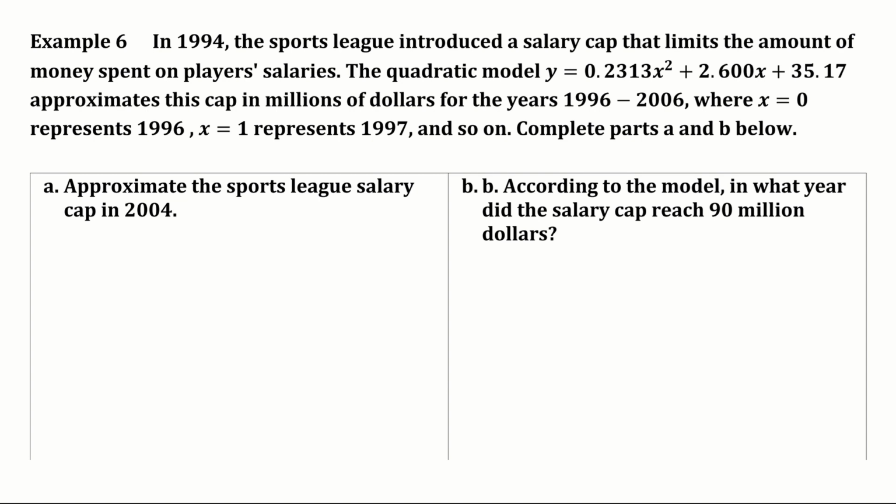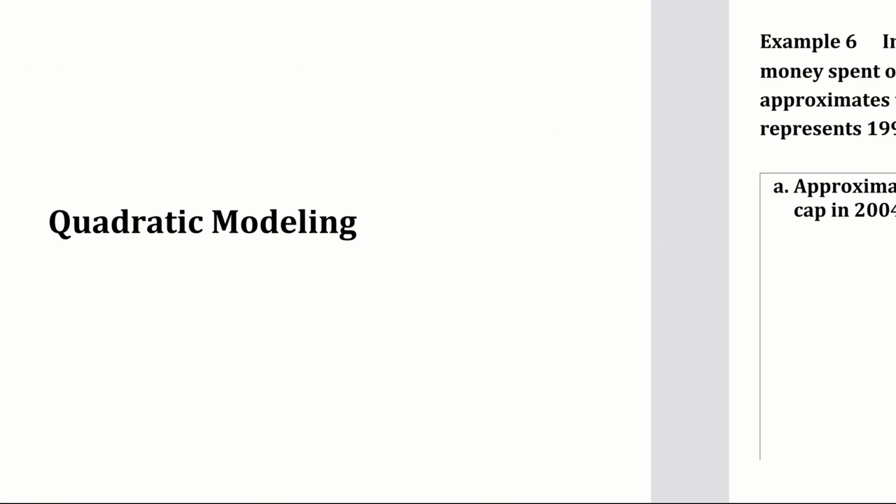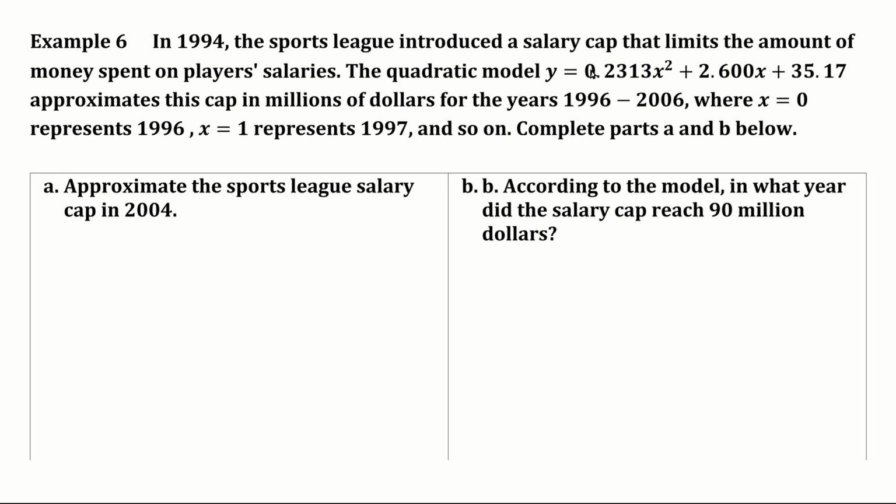So in 1994, the sports league, by the way, it goes under the category of quadratic modeling, which is similar to linear modeling, basically an equation which happens to be quadratic and which represents a real life situation, which has been modeled by observations and then fitting the observations to certain models, okay?